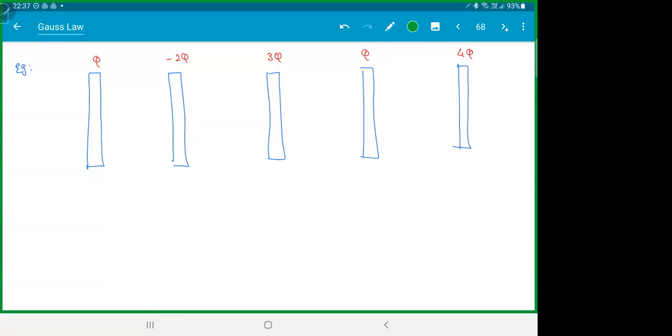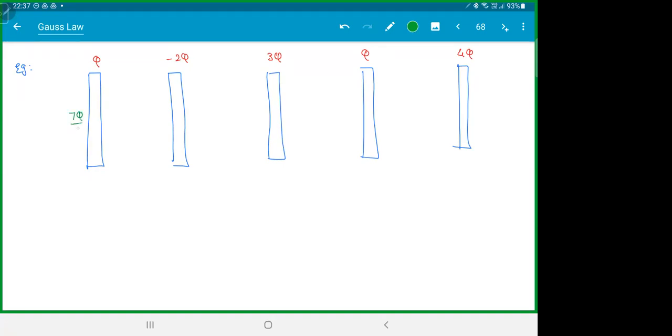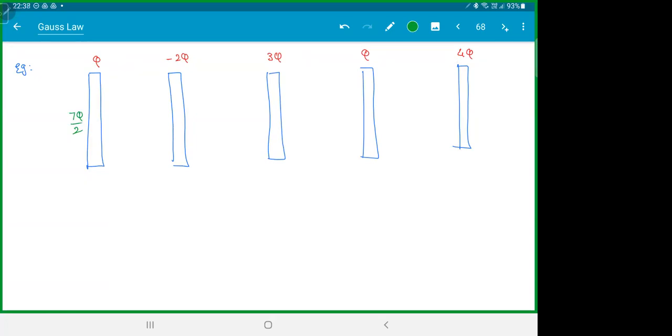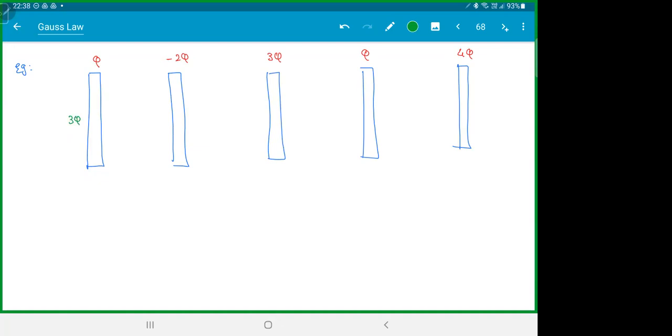Outside is how much? 7Q by 2. 3Q, no? 6Q by 2, no? Total by 2, right? Q total is 6q, na?